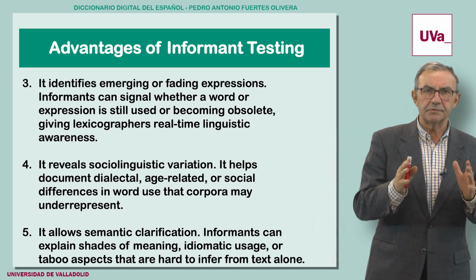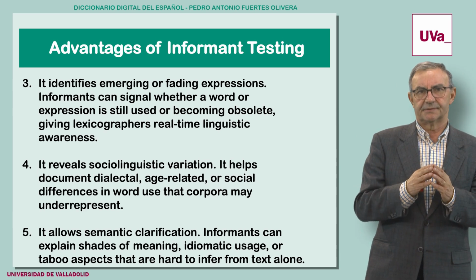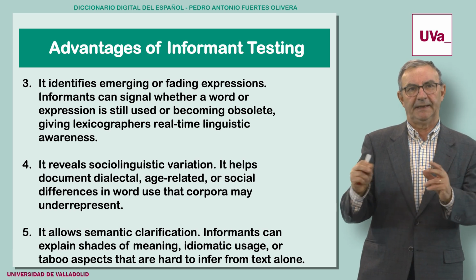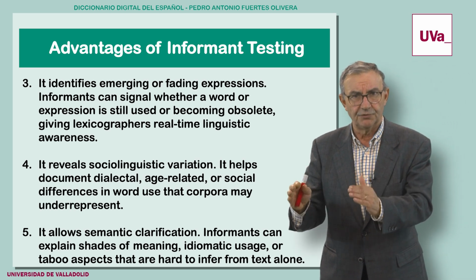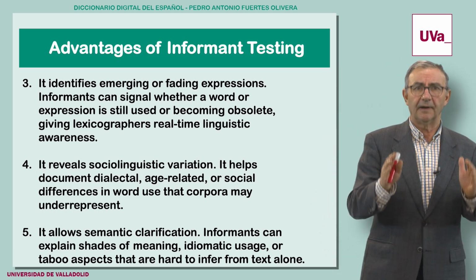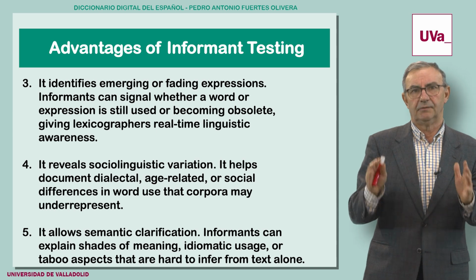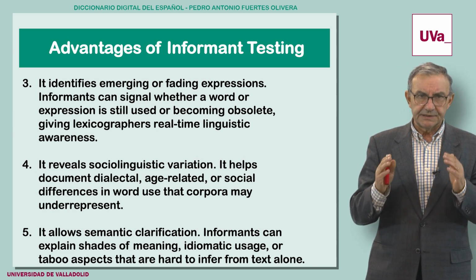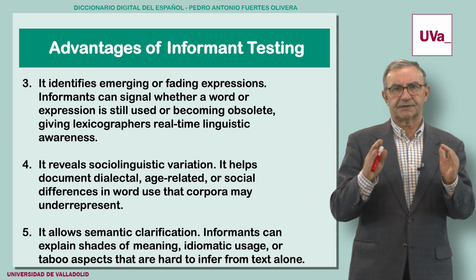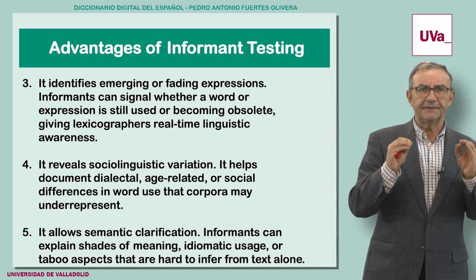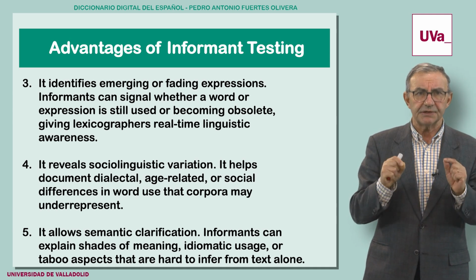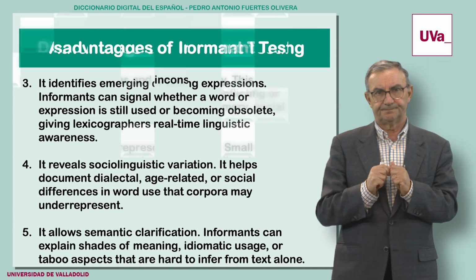It also allows semantic clarifications. Informants can explain shades of meaning, idiomatic usage, or taboo aspects that are hard to infer from text alone. 6. It enhances description richness. The qualitative data adds depth to entries, especially in usage notes and examples.